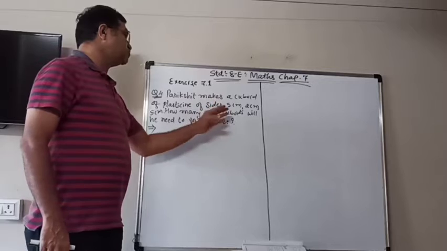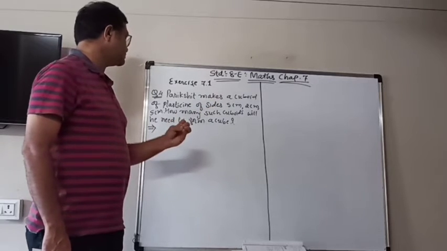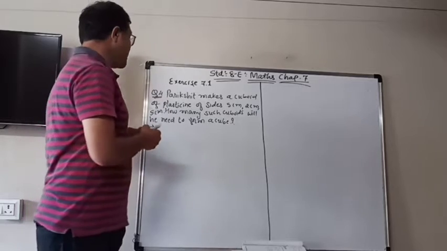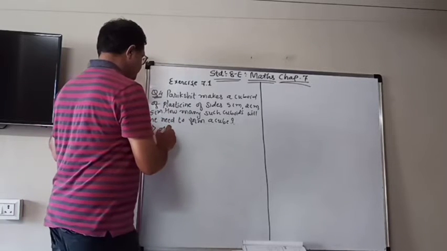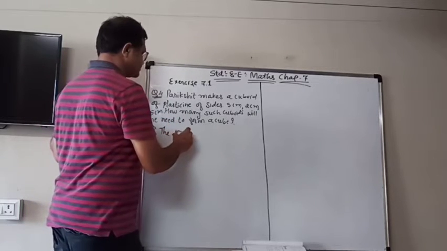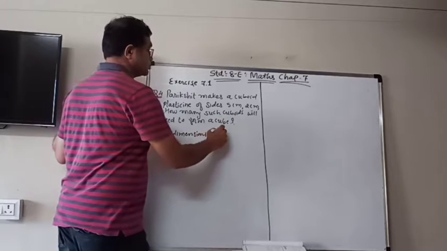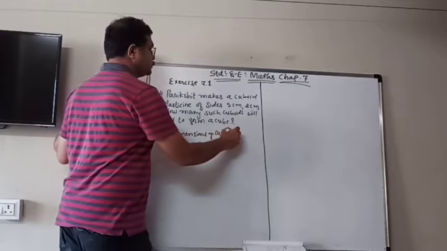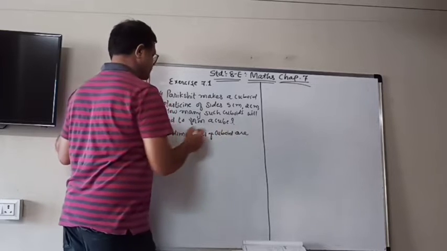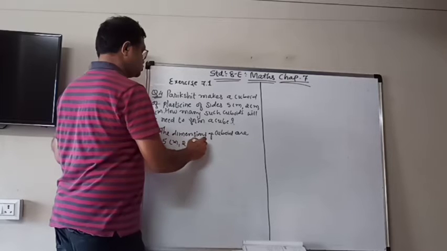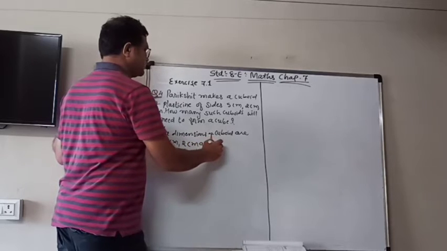How many such cuboids will he need to form a cube? So now the dimensions of the cuboid are 5 centimeter, 2 centimeter and 5 centimeter.